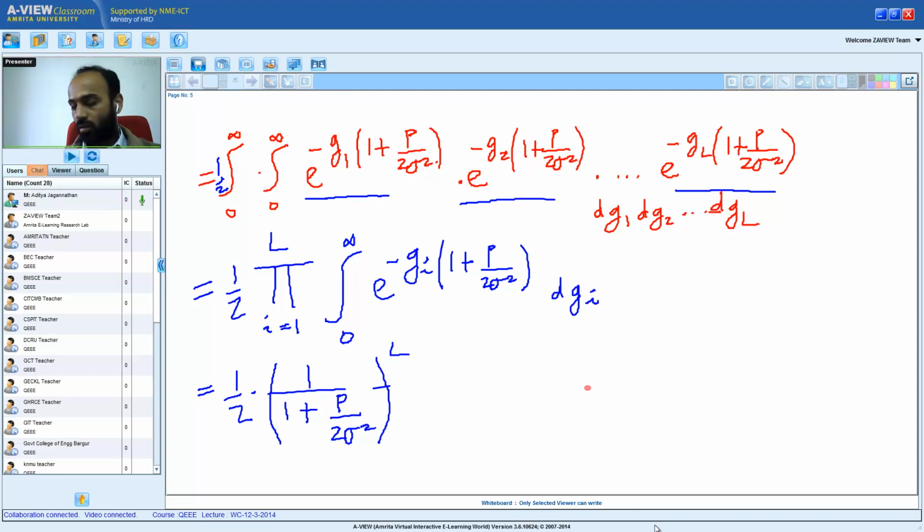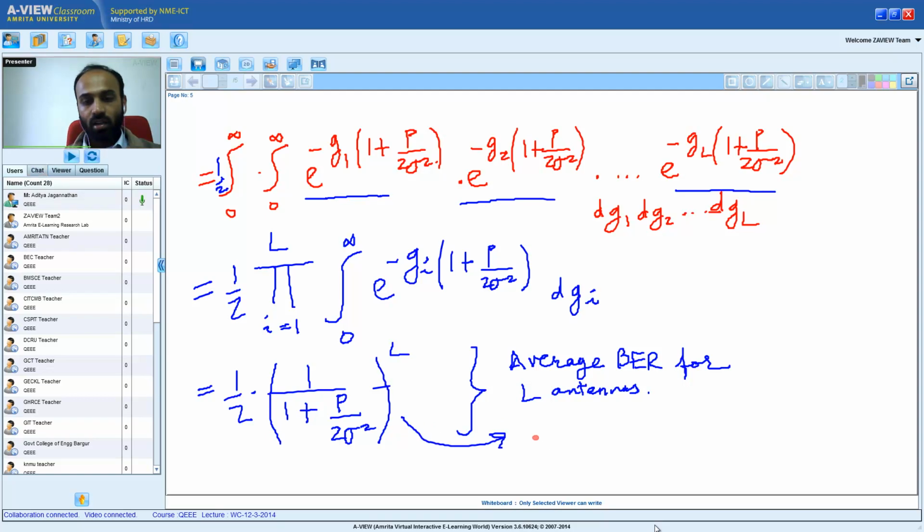This is the bit error rate. What is this? This is basically the average BER for L antennas. And at high SNR, can someone tell me what is that?